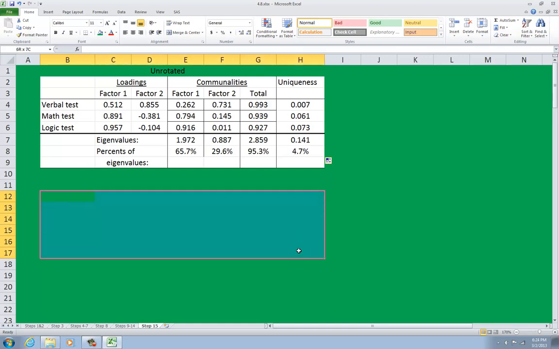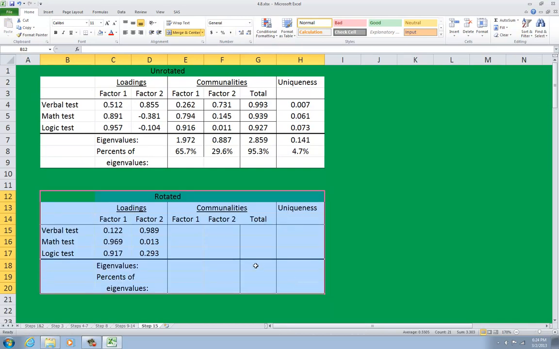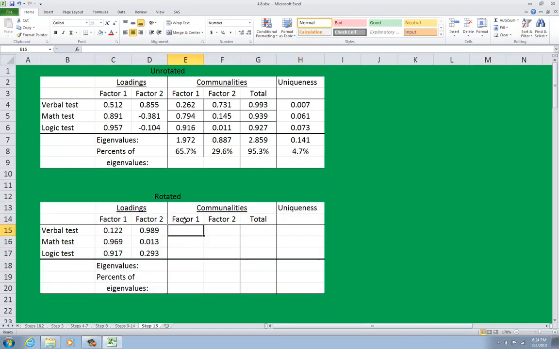Let's go down to 20. And unfill these and watch this magic trick. Ready? 1, 2, 3, bam! Okay, I cheated, but here is the rotated factor analysis summary table.